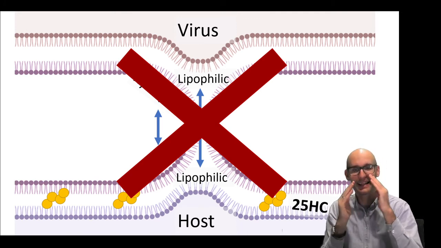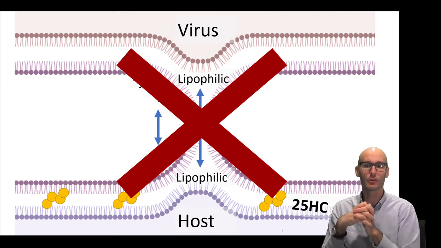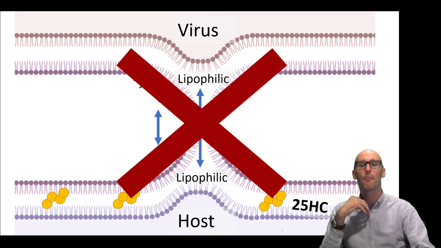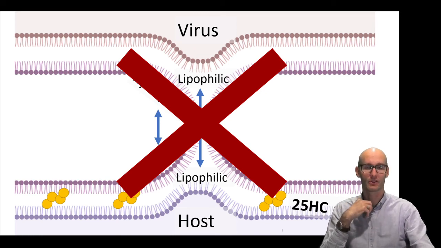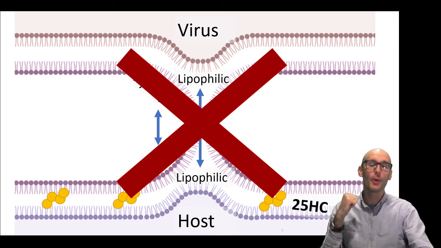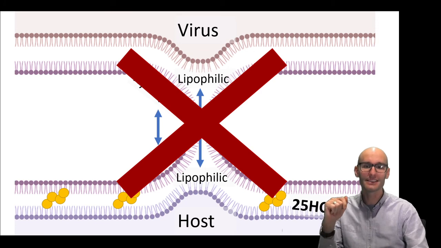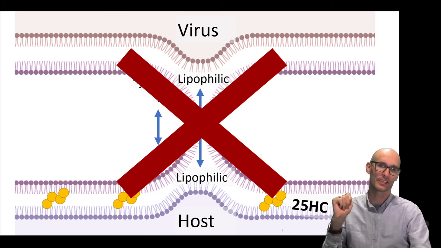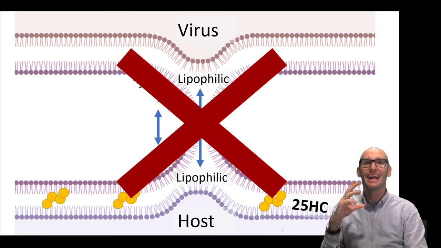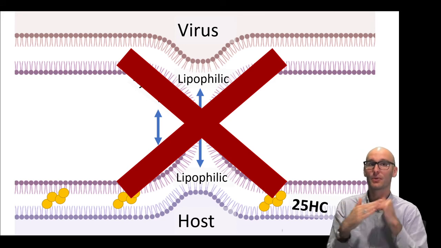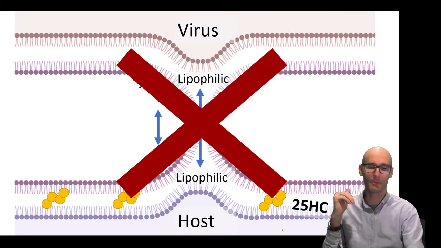We can inhibit the fusion of the viral membrane with the host membrane by including this 25 hydroxycholesterol into the phospholipid membrane of the host. So this is how this enzyme works. It increases the concentration of the hydroxycholesterol, which decreases the attraction between the host membrane and the viral membrane.